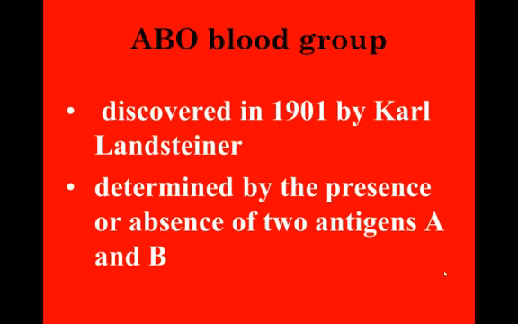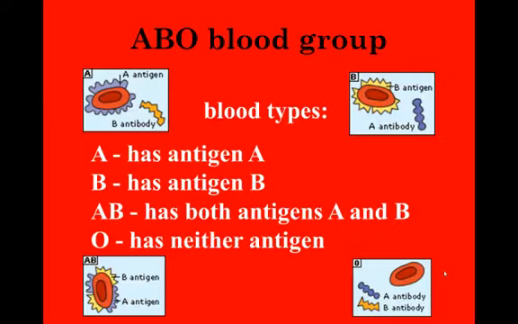He found two antigens on the lining of red blood cells, erythrocytes, and he called those antigens antigen A and antigen B. So the blood types, according to the ABO grouping, depend on whether we have the presence of antigen A and/or antigen B, or the absence of them. Let's look at the four different blood types according to the ABO grouping.